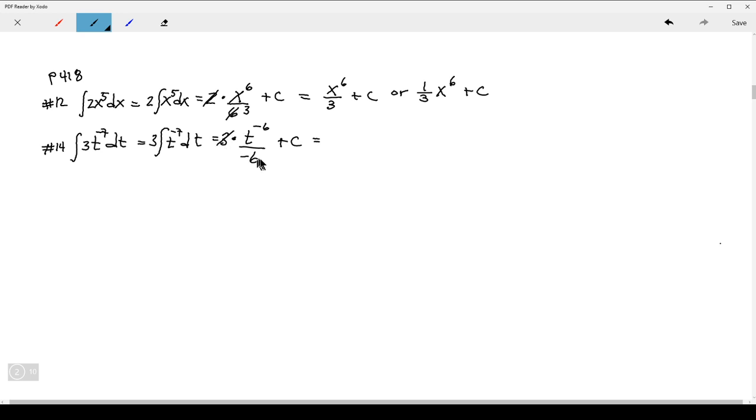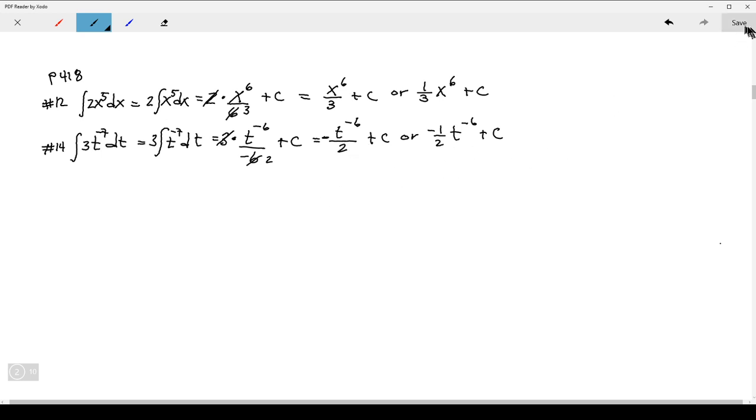I can reduce that, and I will have t to the negative 6 over negative 2. So I'm going to put the 2 there and put the negative in front, plus c. Or if you want to write it as a proper power function, negative 1/2 t to the negative 6 plus c. Again, either one is fine.